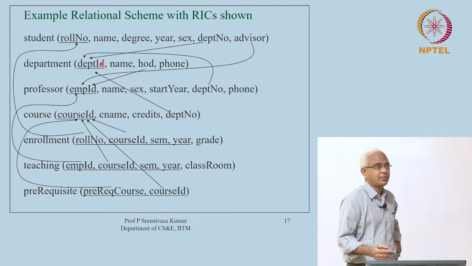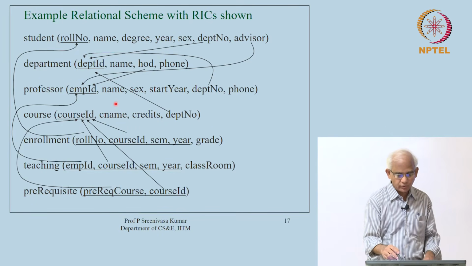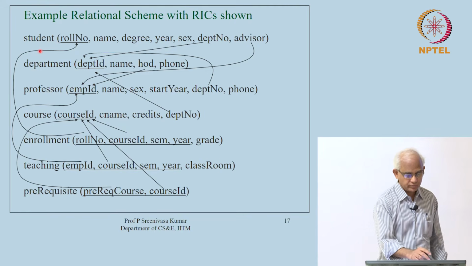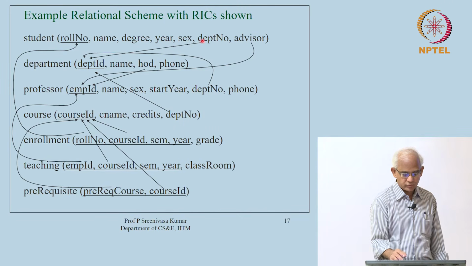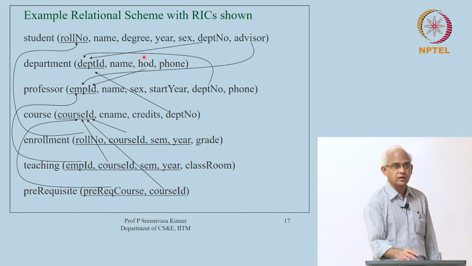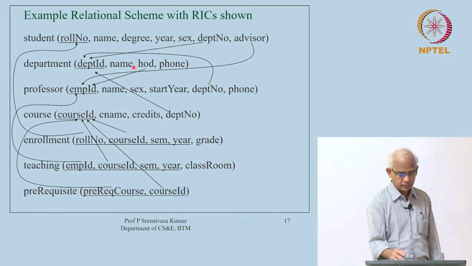Okay. So, this diagram is what we traditionally call a relational schema diagram, in which we have the relation names, attribute names, keys which are underlined, and then we have arrows to indicate the foreign keys and the relations they are referring to.